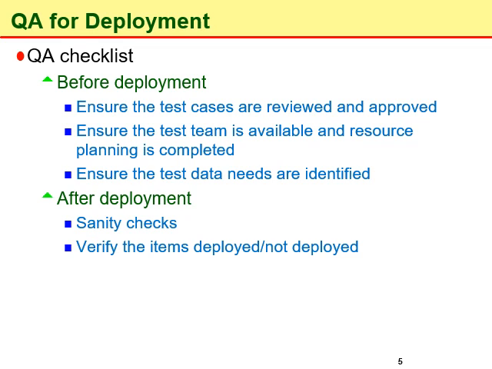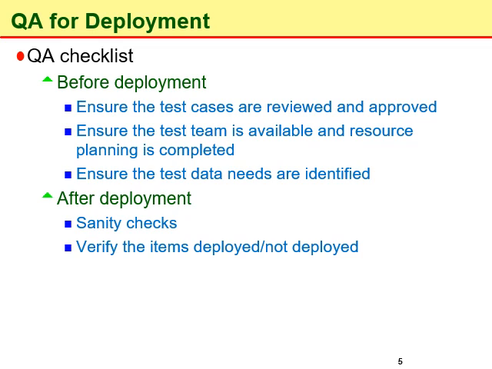And then ensure the test data needs are identified. That is, all the necessary prerequisites for evaluating the deployed system have been identified beforehand. You can see that these activities are additional checkpoints to avoid any issues after the system has been deployed.